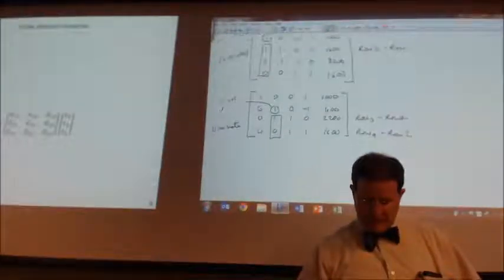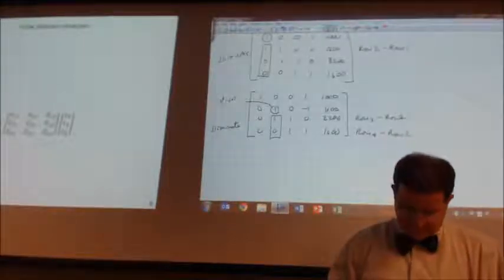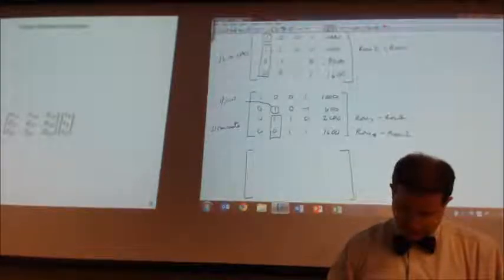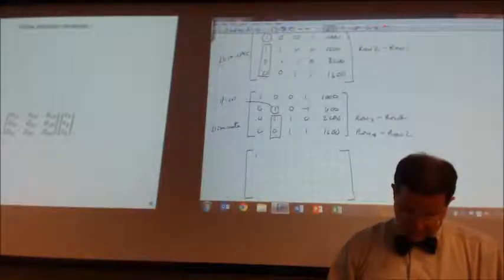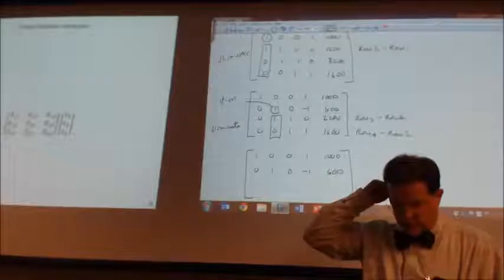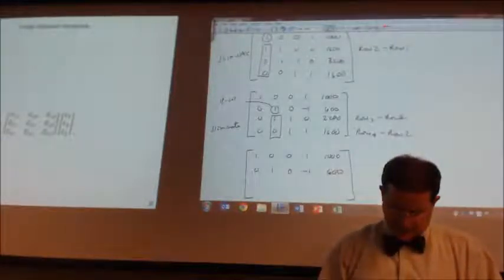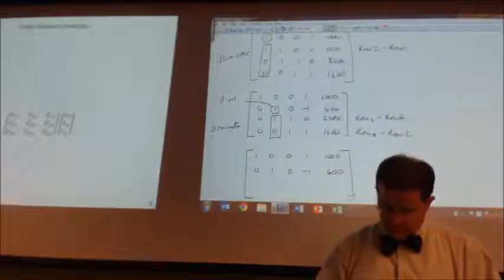Everybody buying off on that? Make sense? Okay, so redraw. Row 1 isn't changing. And row 2 isn't changing. Row 3. So 1 minus 1. Oh, I need more space.